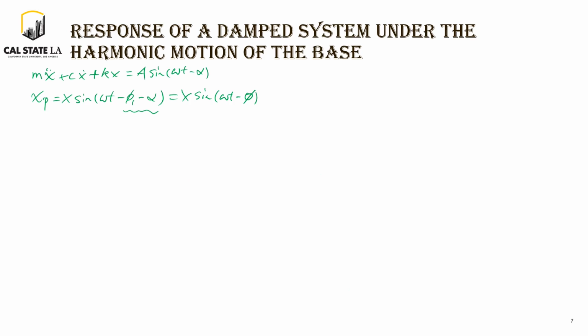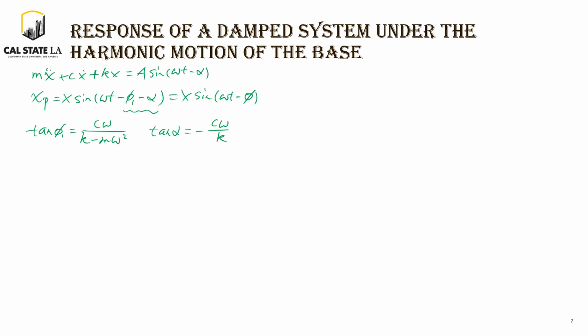But I still want to find what is my angle phi. So we already know that tangent phi 1 is equal to c omega over k minus m omega squared, right? And also tangent alpha is equal to minus c omega over k. So we can also assume that we know sine phi 1 and sine alpha.